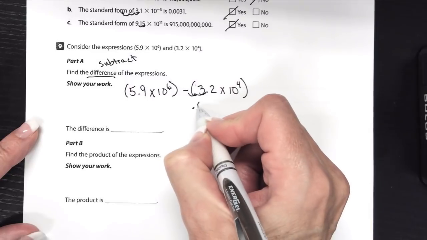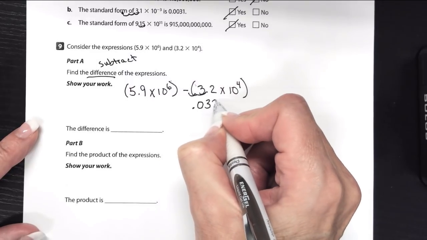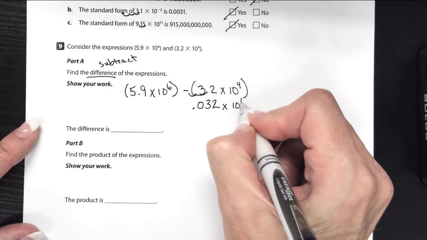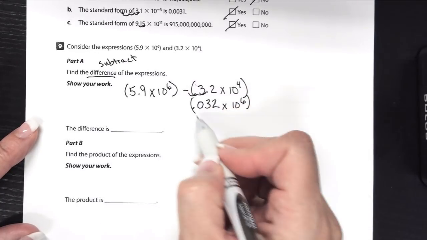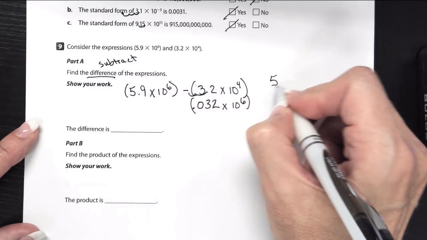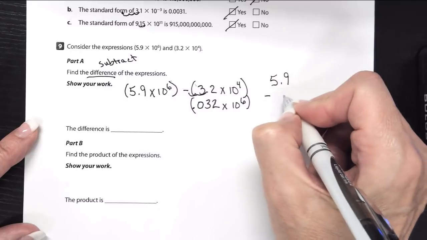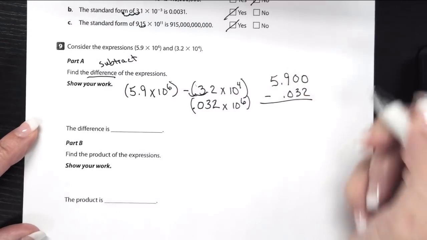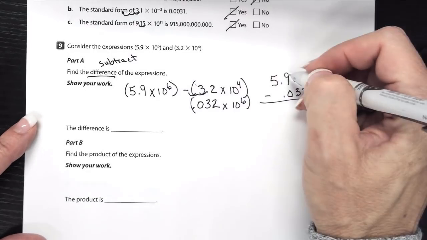So I'm really working with 0.032 times 10 to the 6th. That's what I'm really subtracting. Okay? Now, when we're subtracting decimals, you line decimals up. You add zeros as needed. You're going to have to go old school and do a little borrowing.